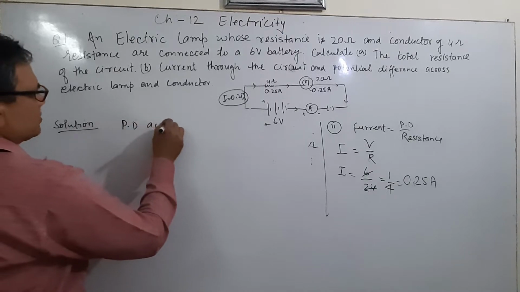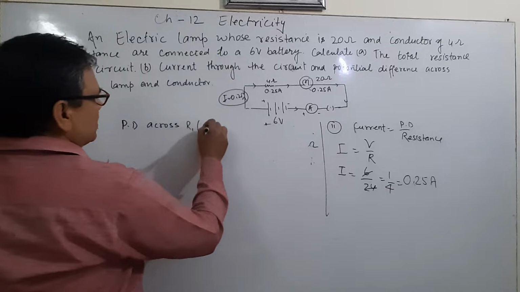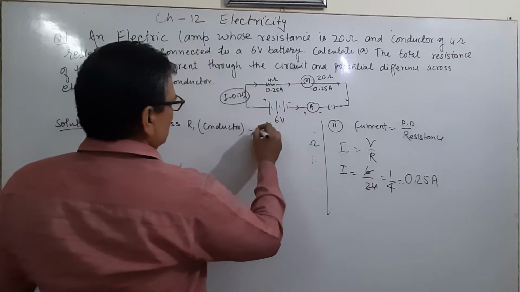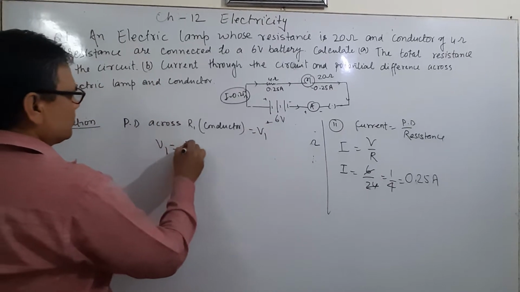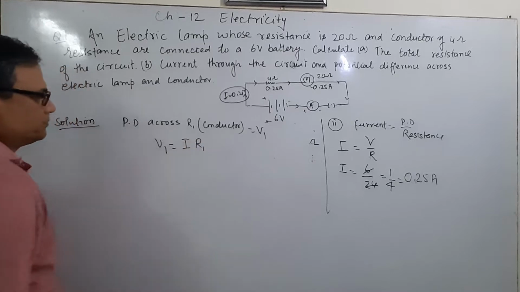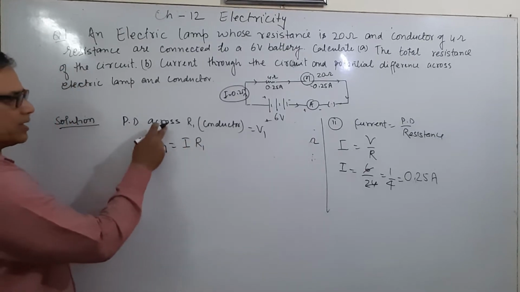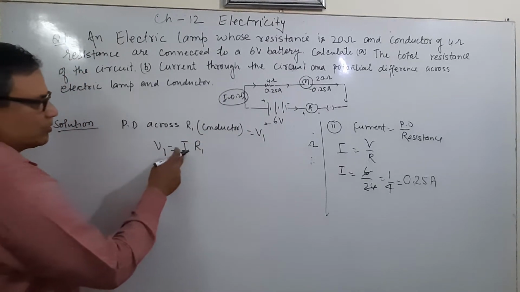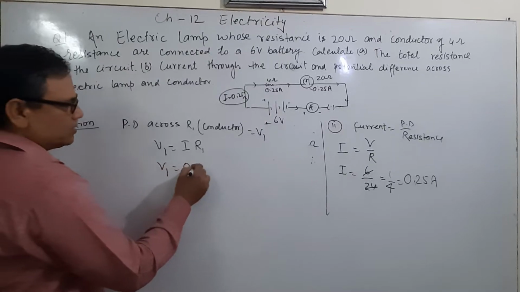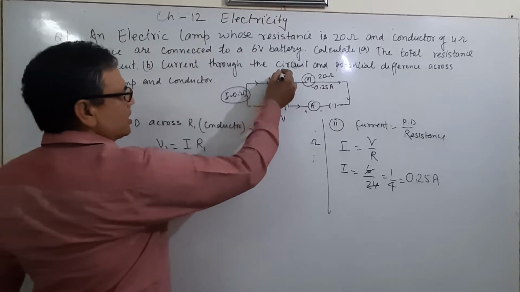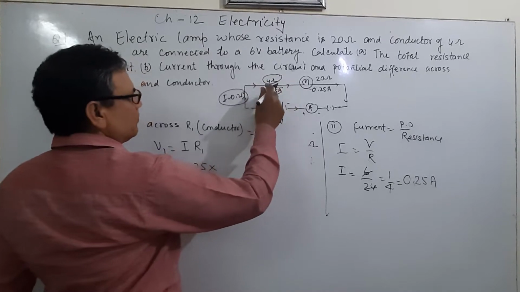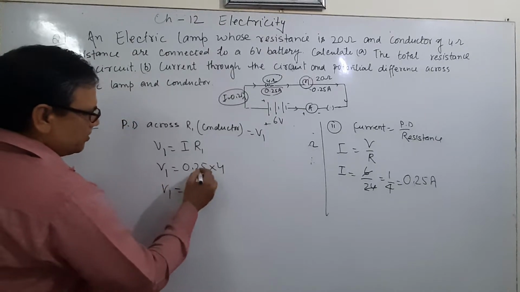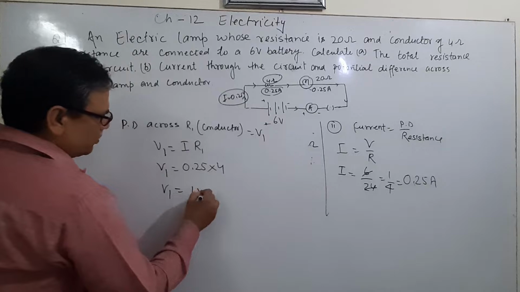The potential difference across R1, the conductor, we assume is V1. So V1 is equal to I R1, the current being the same. V1 is equal to 0.25 times 4, and multiplying, the answer is 1 volt.